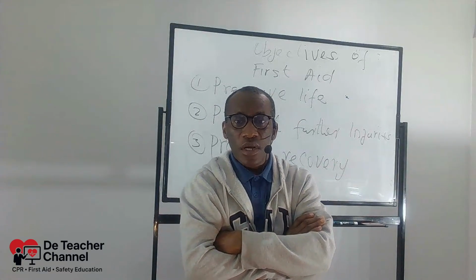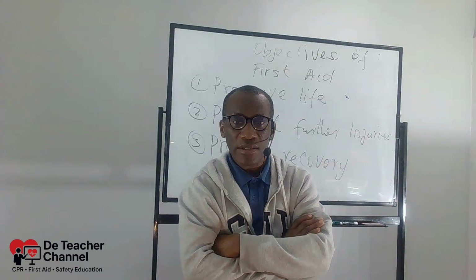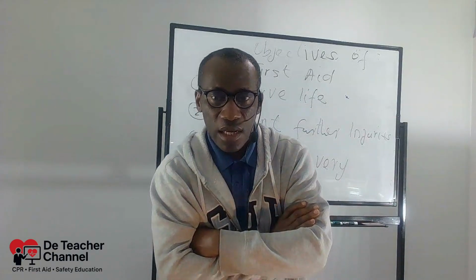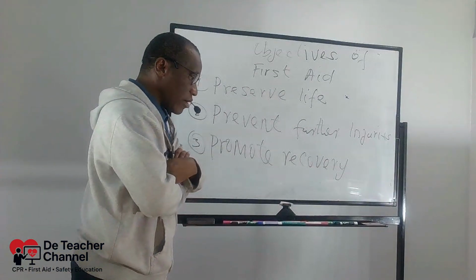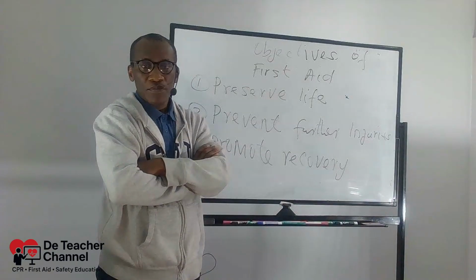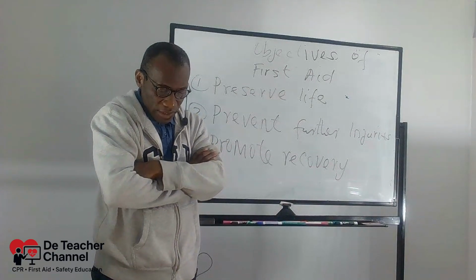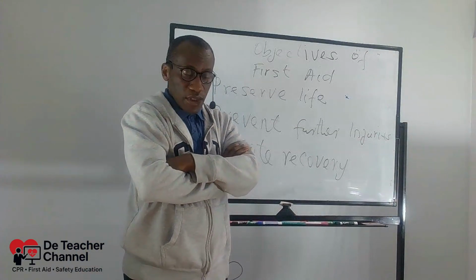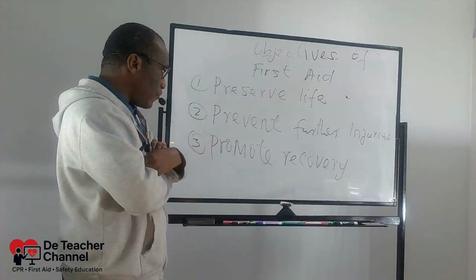But one of you wanted me to throw more light on point number 2, which is preventing further injury from happening. In other words, how does first aid achieve this? How is it that when you provide first aid, you are trying to prevent injury from happening?